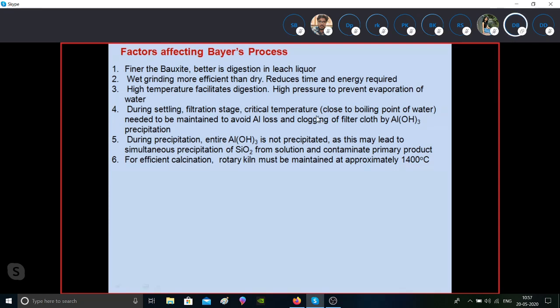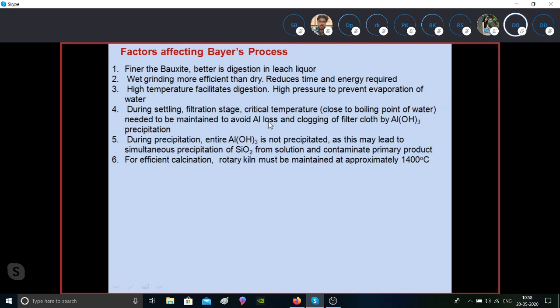The simple reason is that if the temperature is below 100 or much lower than 100 degrees centigrade, then aluminium hydroxide, because my solution is completely pregnant with sodium aluminate, will start precipitating out the moment the temperature goes below a certain temperature. It precipitates out in the settling, clarification and filtration stage.